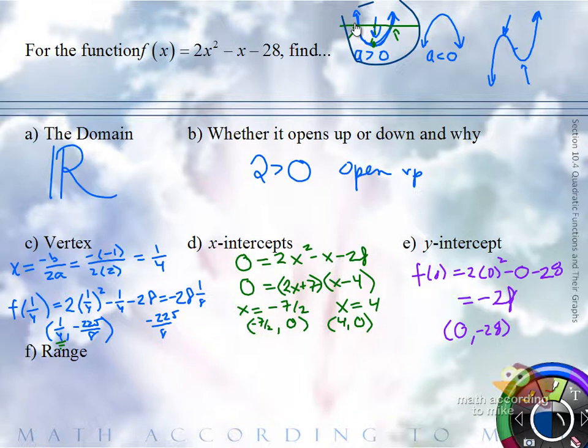There you go. Since the vertex is the lowest point, it's all about the vertex, not the y-intercept. So it's -225/8 up to infinity. If it opened down, it would have been -infinity to -225/8.